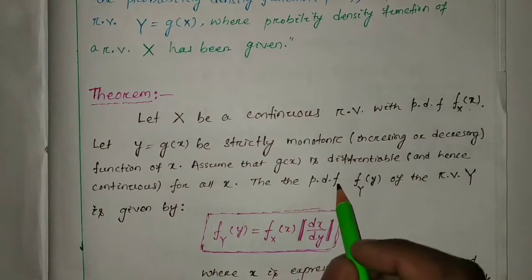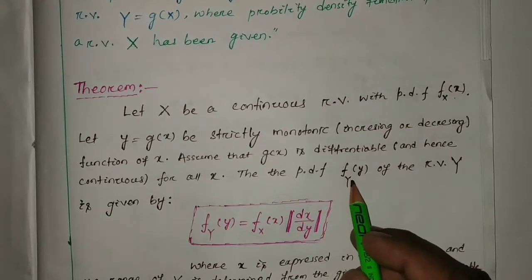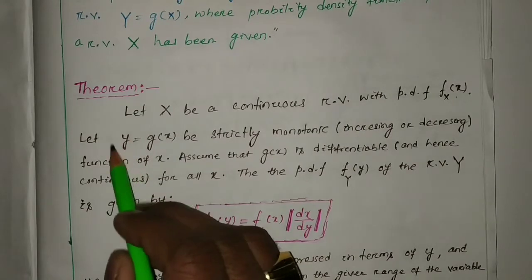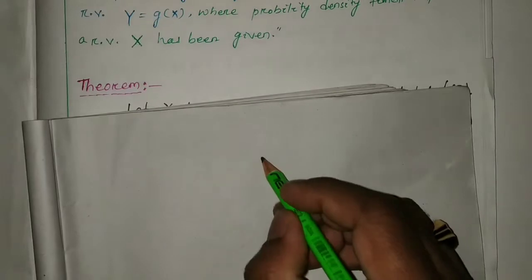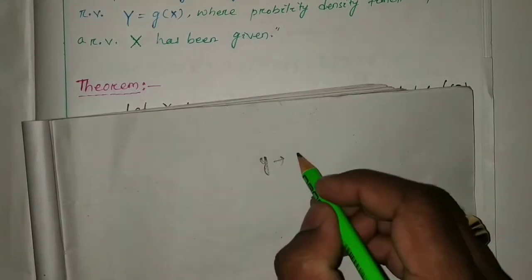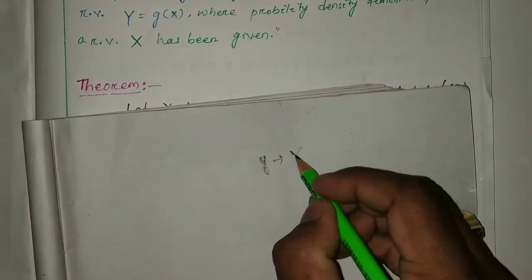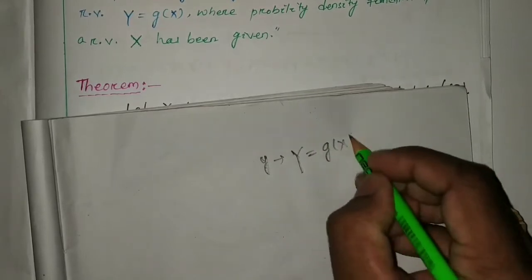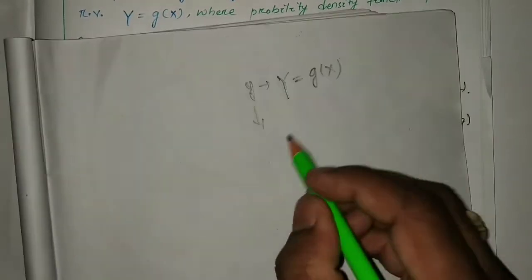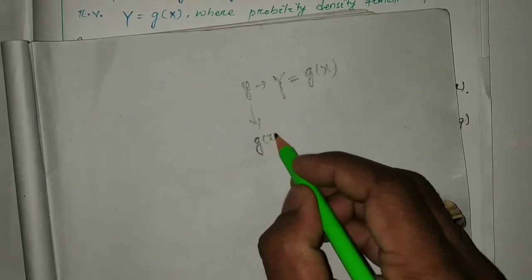For the PDF of the random variable y, here small y represents the values of the random variable y, which is a function of capital X, or this small y can also be written as g of small x.